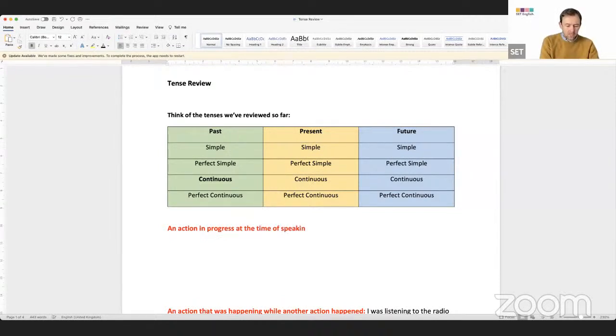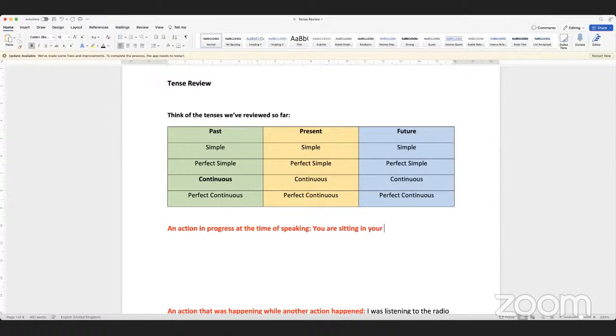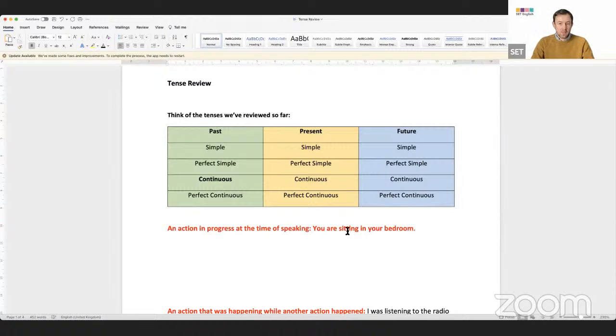Okay, so right now you are sitting. In what room are you in? Bedroom. In your bedroom. Okay, you are sitting in your bedroom. There it is. I'm happy with that. Is there anything else that we might use it for? Past continuous.